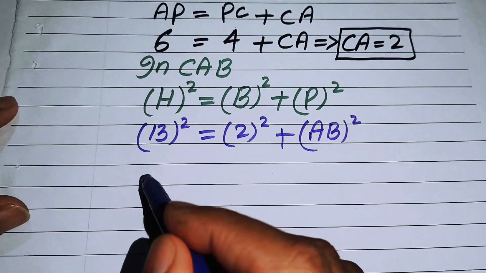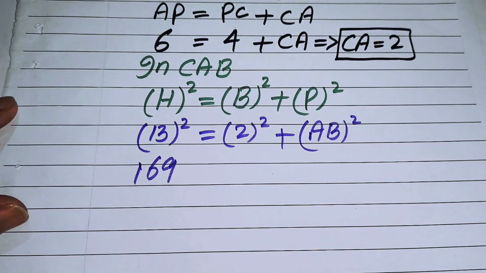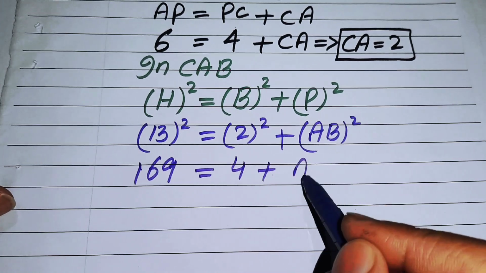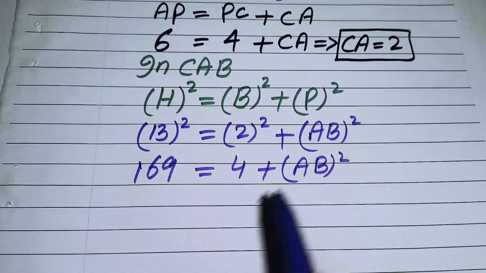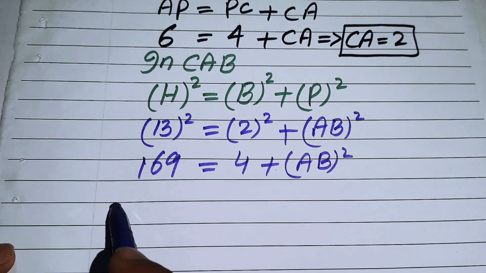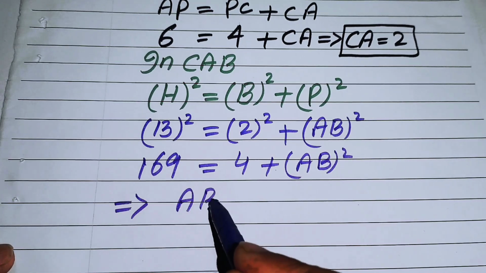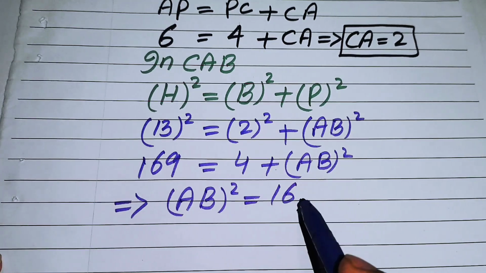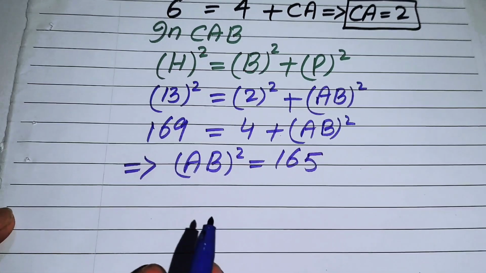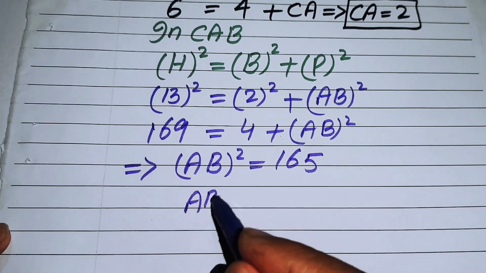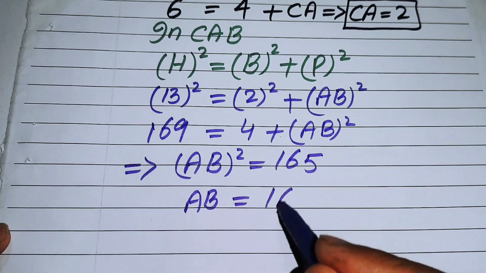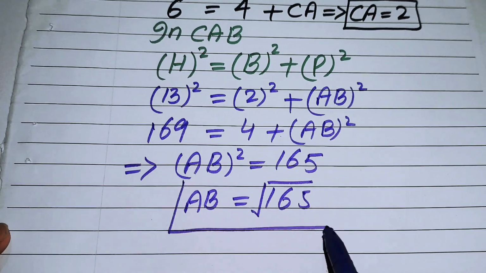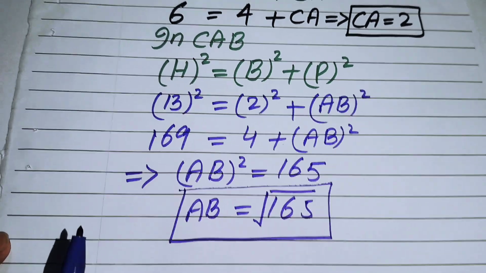You know that 13 squared equals 169, and 2 squared equals 4, plus AB squared. So we move this 4 to the left hand side, and you get AB squared equals 165. When we take the square root on both sides, you get AB equals the square root of 165. So this is our final answer to this question.